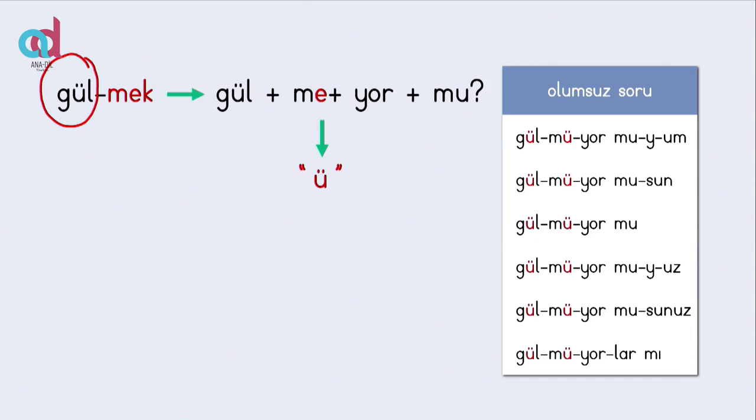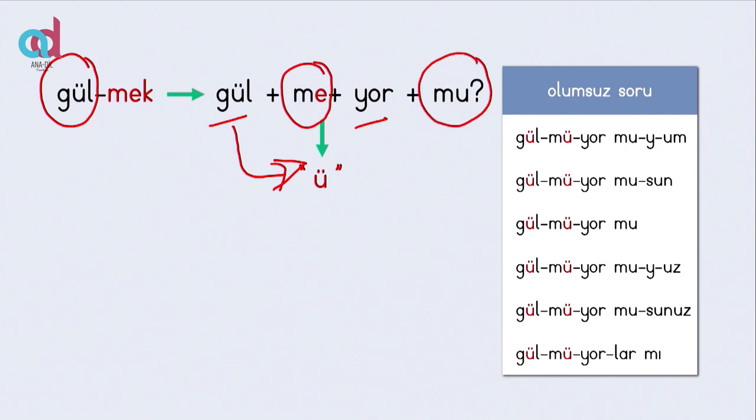Here we go. First of all, again, we have the root. Then, you remember this negative suffix, me. But of course, because we have ü, it will change to ü as well. So, gülmüyor. And then, the question suffix. Gülmüyor mu? O gülmüyor mu?